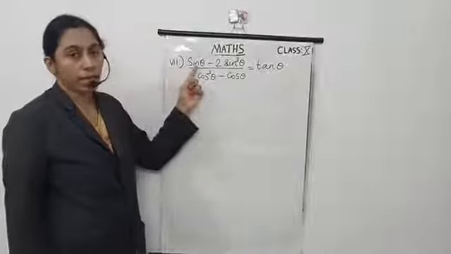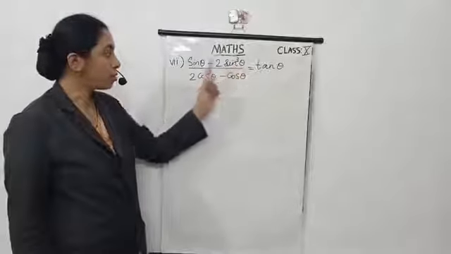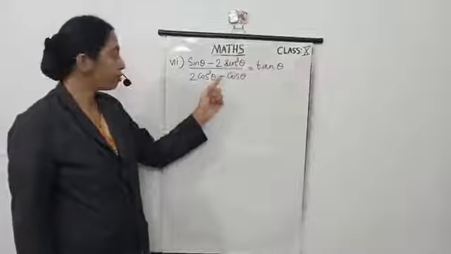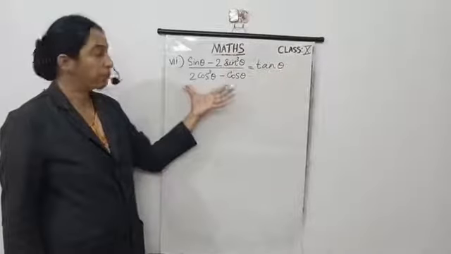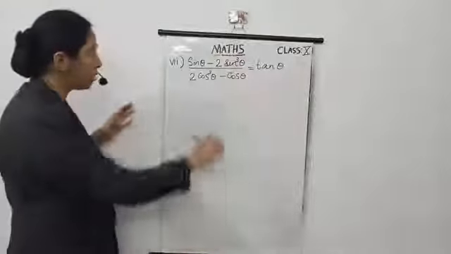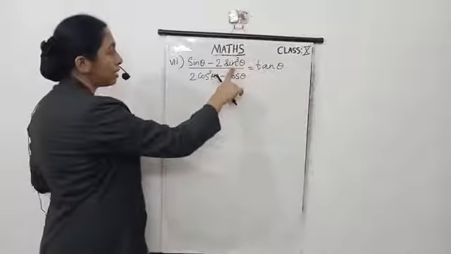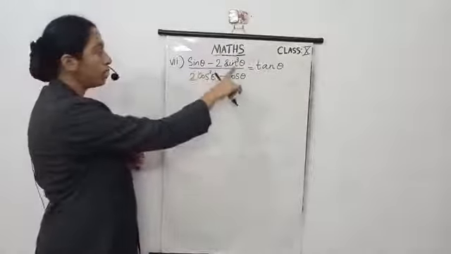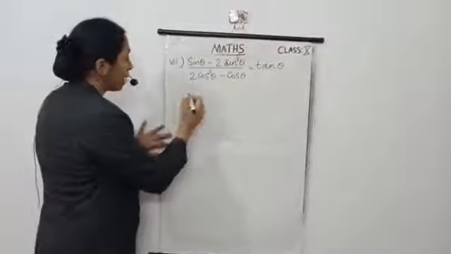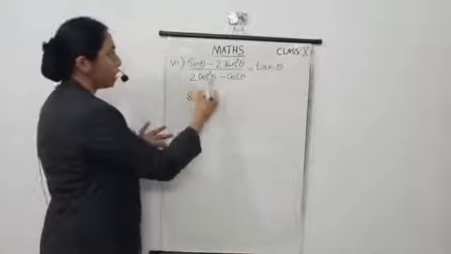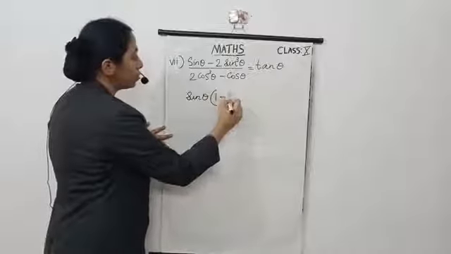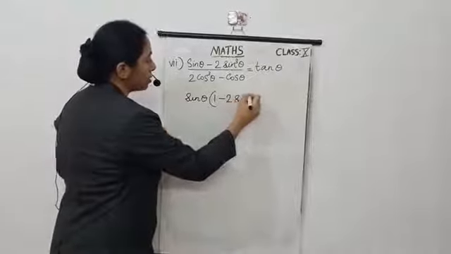Question 7: (sin theta minus 2 sin cube theta) by (2 cos cube theta minus cos theta) equals tan theta. So consider LHS. Sin theta is common in both terms, so take sin theta outside, and inside we get 1 minus 2 sin square theta.